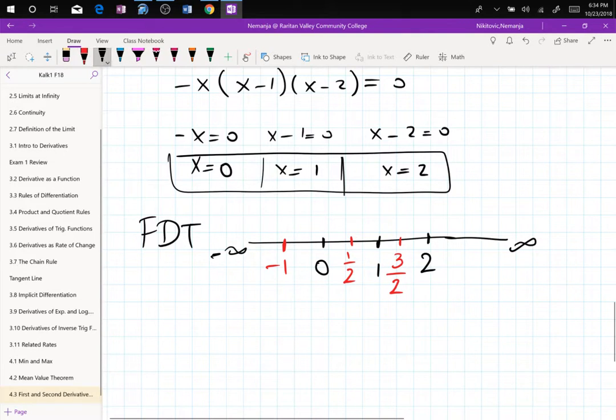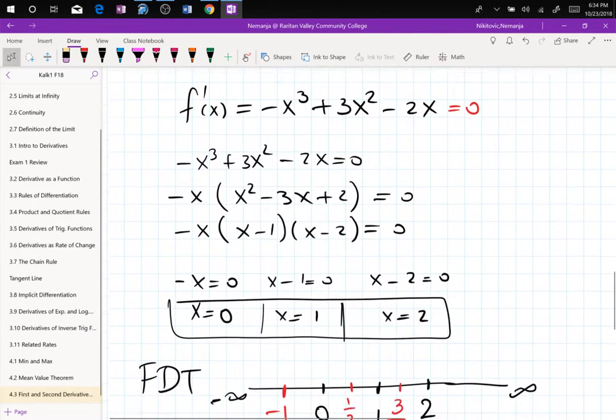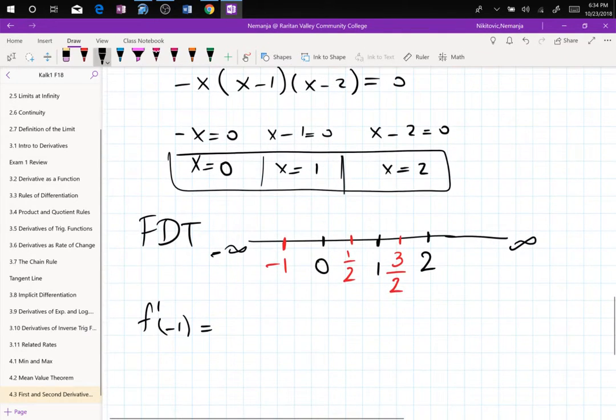So now my first derivative test, f prime at negative 1. Now this is going to be a long and painful calculation.